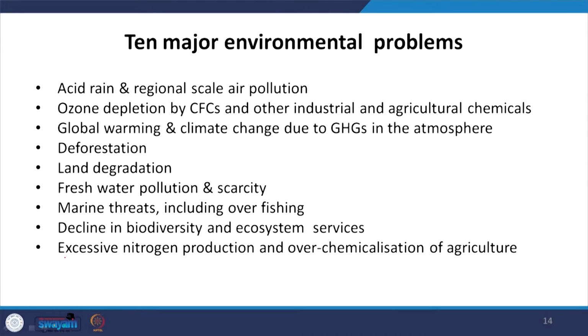Then second is ozone depletion by chlorofluorocarbons, CFCs, and other industrial and agriculture chemicals. They are also affecting the ozone layer, and lot of studies have been done on these issues, and environmental scientists are working on these ozone depletion due to the various gases released due to our industrial and agriculture production process.